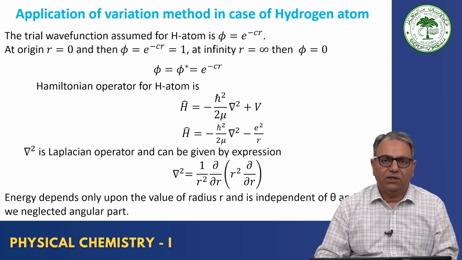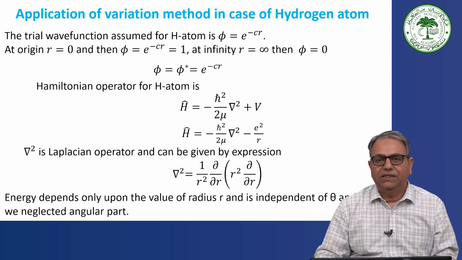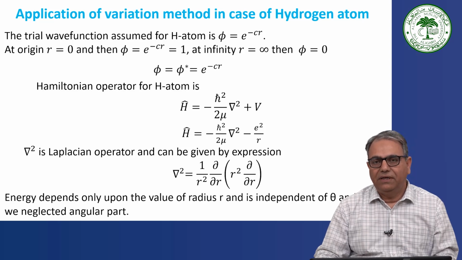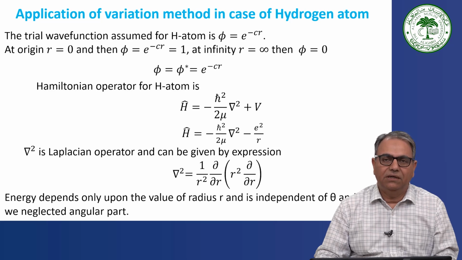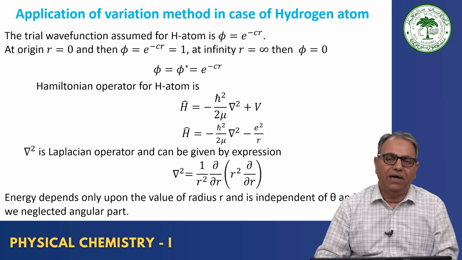And I started talking about variation methods, and I said that in variation methods, we guess a trial function and then find the energy corresponding to the trial function. We guess a trial function such that it involves a variation parameter, and by minimizing the energy corresponding to this trial function, we get the value of the variation parameter, and thus we get the eigenfunction also and the minimum possible eigenvalue.